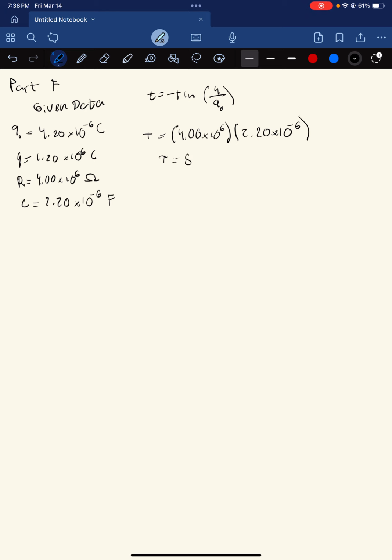Alright, I got 8.80 seconds. Now we can insert that in the equation, so 8.80 times the natural log of 1.20 times 10 to the -6 over 4.20 times 10 to the -6.